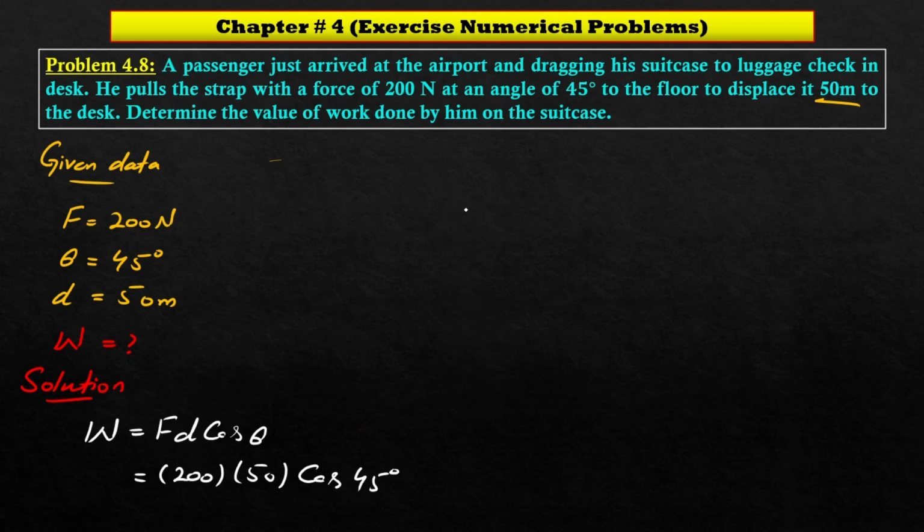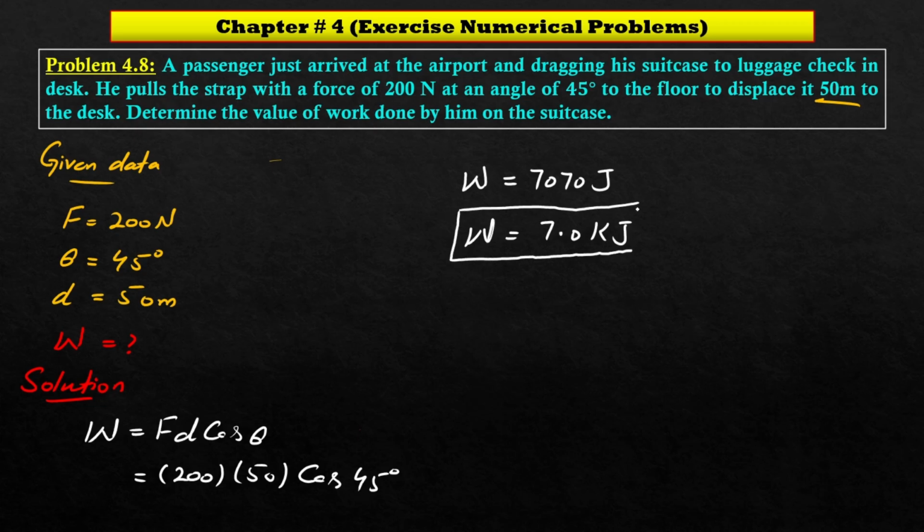After solving it, W is equal to 7070 joule, which is equal to 7.0 kilojoule. This is the value of work done by him to take his bag to the luggage check desk.